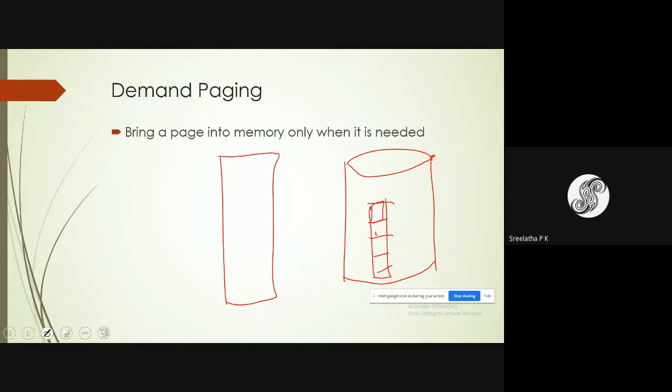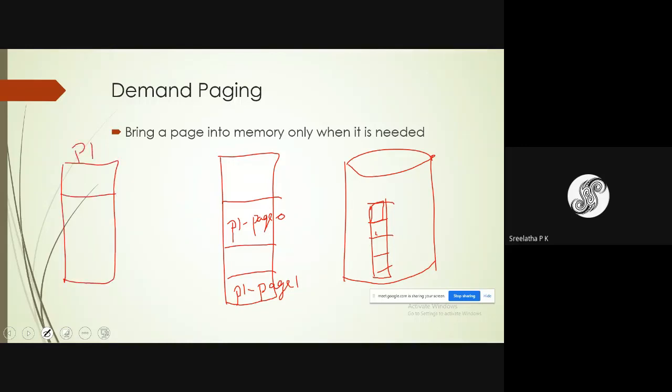Suppose the P1 program's page 0 is here, P1 program's page 1 is here. So the P1 program has 4 pages, suppose page 0, page 1, page 2 and page 3. This is the virtual memory.